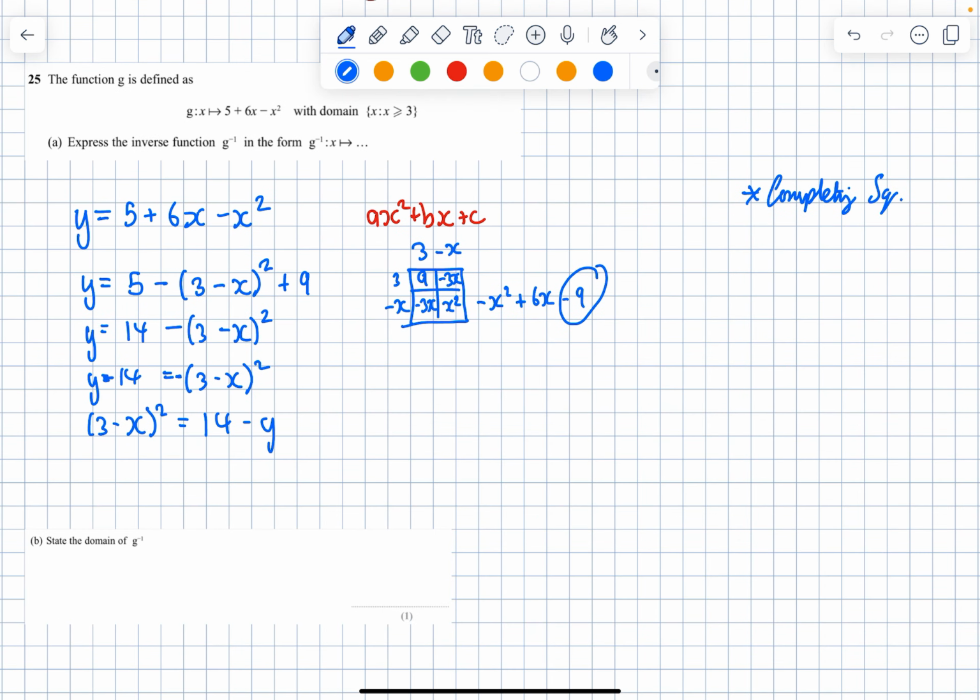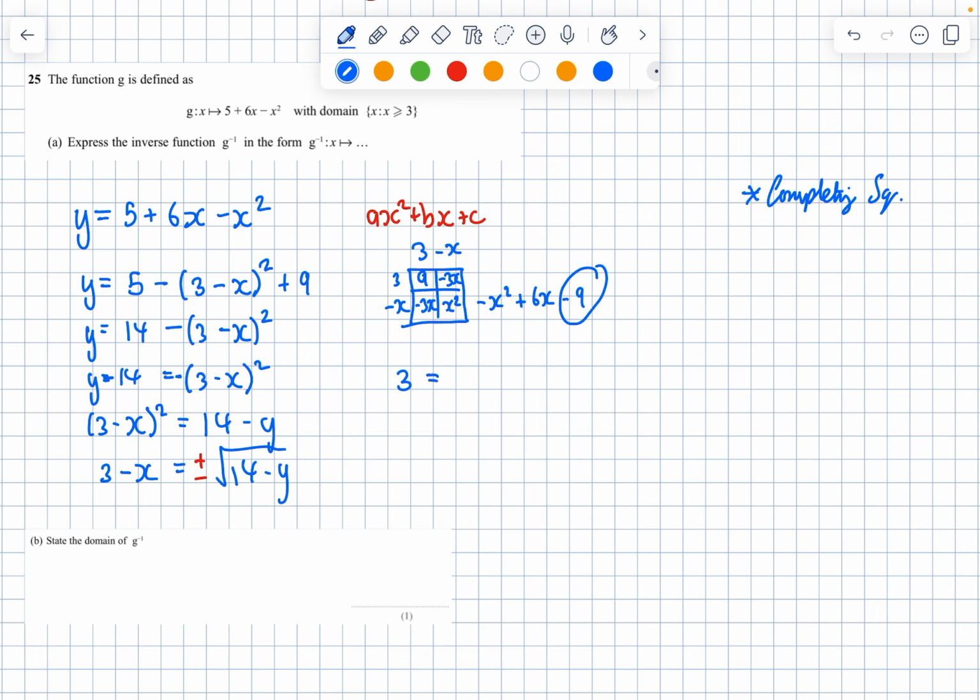Okay, now I'm going to take the square root. So 3 minus x equals, now very important we don't forget, that's plus or minus because there are two answers, the square root of 14 minus y. Now again, I want x to be positive, so I'm going to take the y on the other side and the x on this side. So I add x.